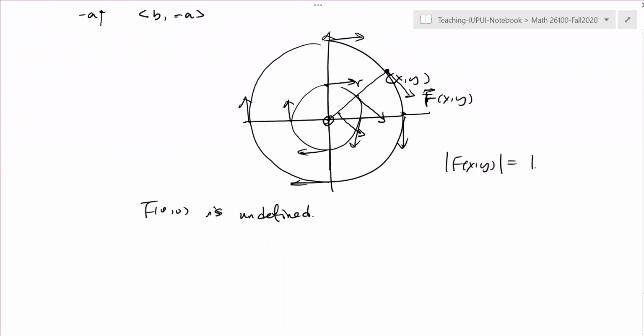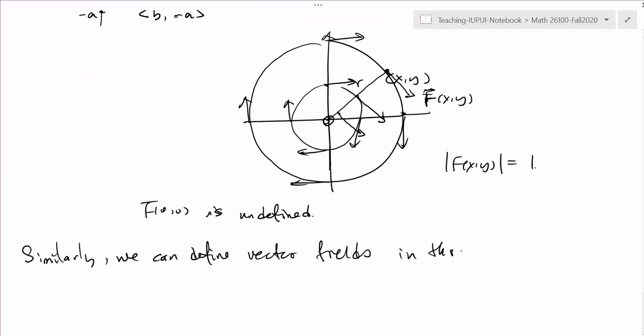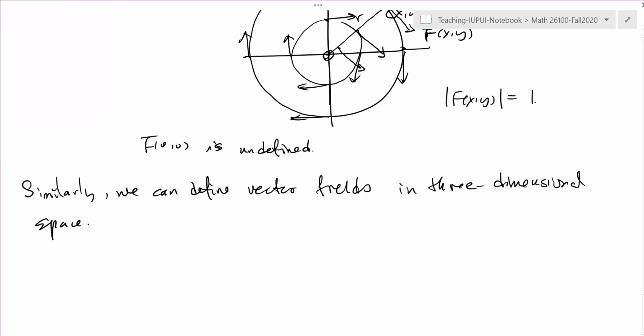Now, similarly, we can define or describe vector fields in three-dimensional space, and even high-dimensional space, but which we cannot see.